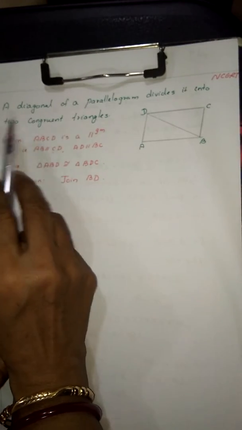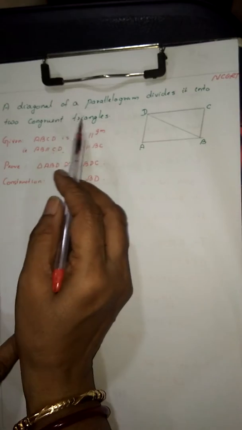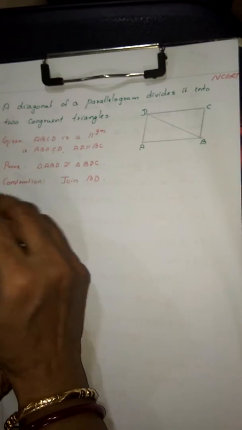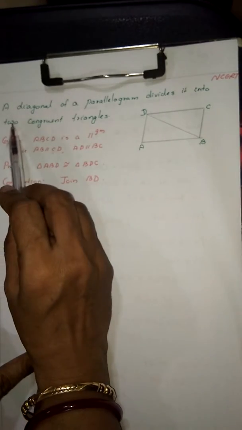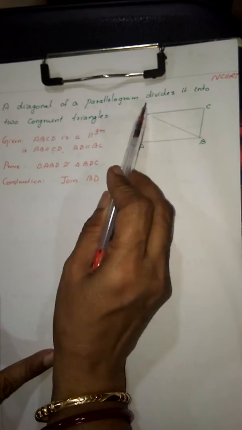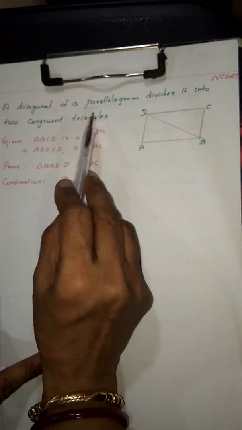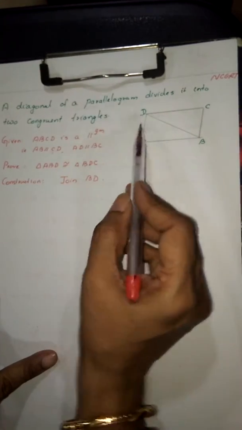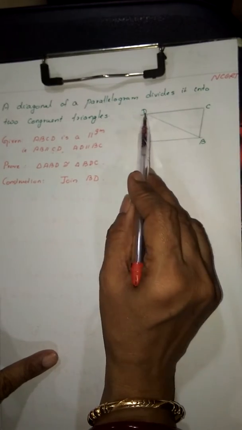Now we are going to prove the properties of the parallelogram which we discussed in the previous part. A diagonal of a parallelogram divides it into two congruent triangles. It is given that ABCD is a parallelogram.